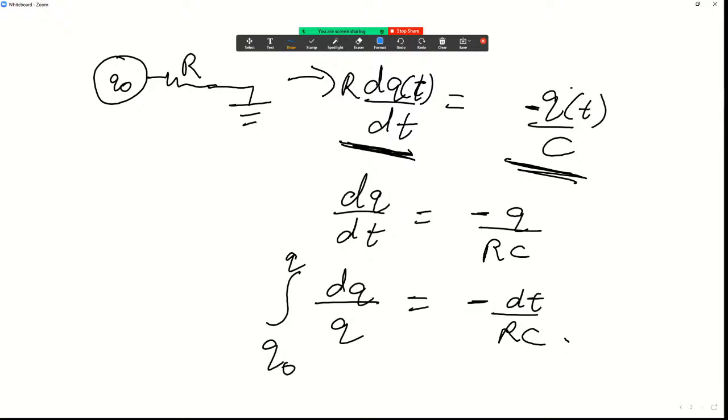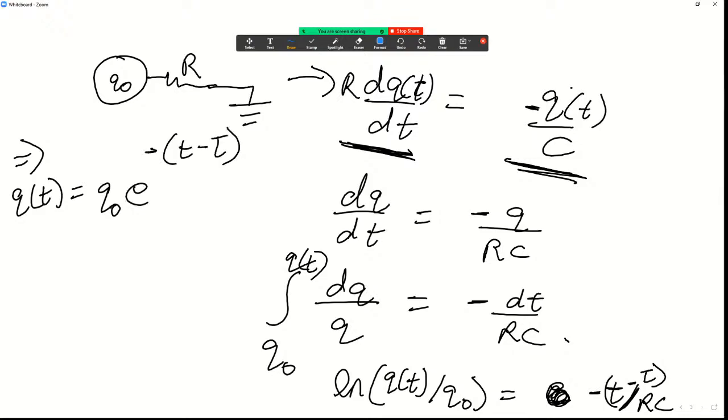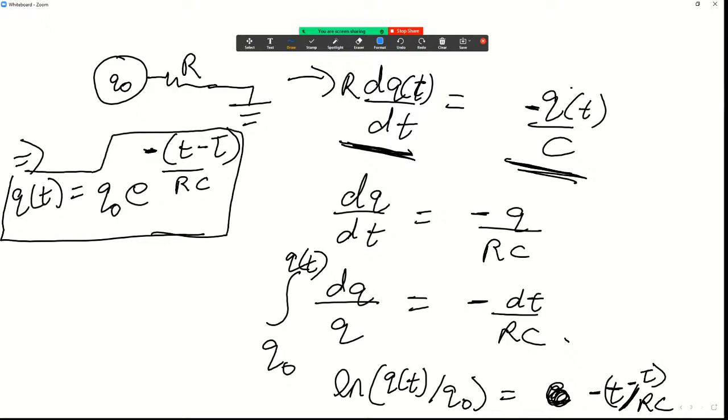So general would be ln of q(t) by q naught equals minus t by RC, and this is t minus tau if we take from the starting time. Therefore q of t would be q naught times e to the power minus (t minus tau) by RC for discharging.